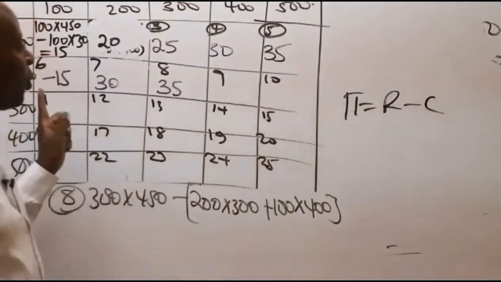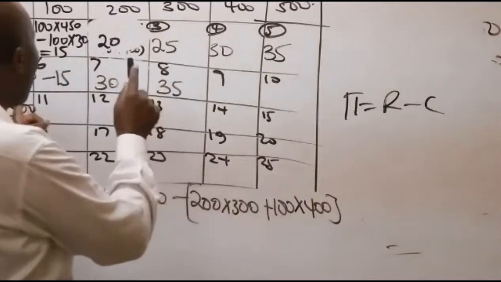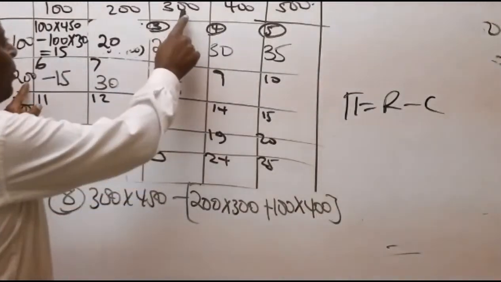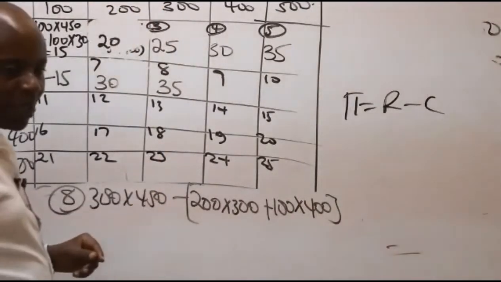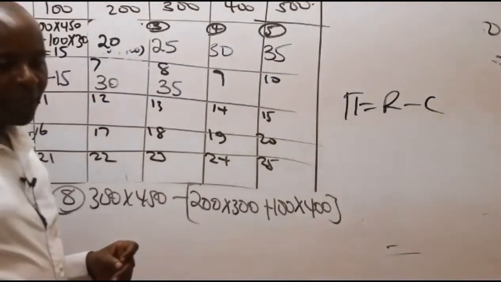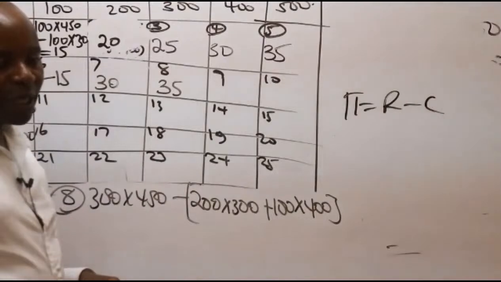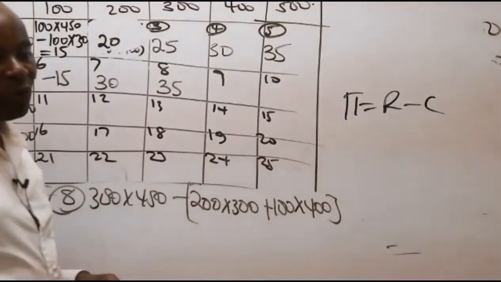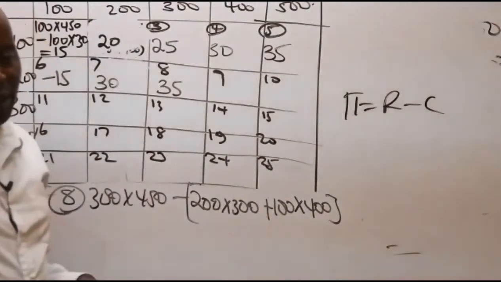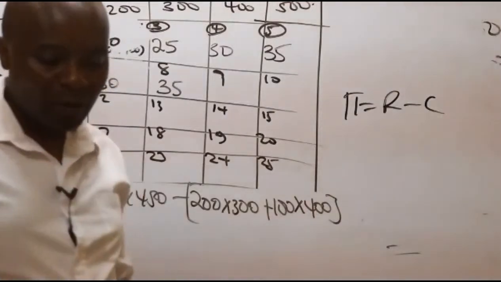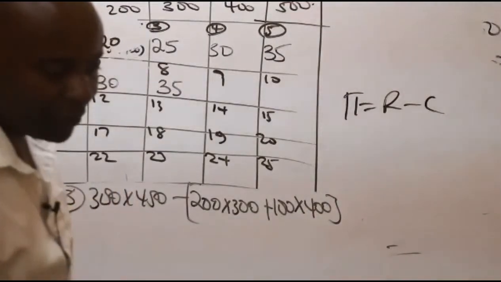So long as I'm able to know how I'm making my comparisons, like now I'm comparing 200 supplied and demand is more, 300. So please go to cell number 9, 10, and move now with speed.